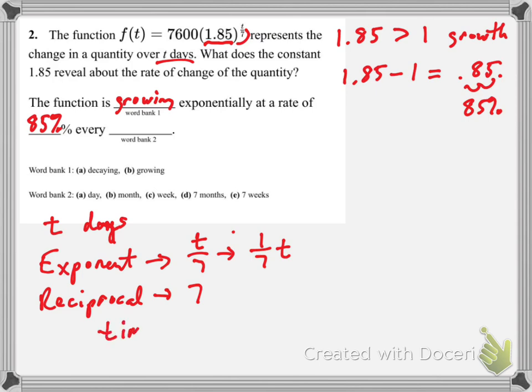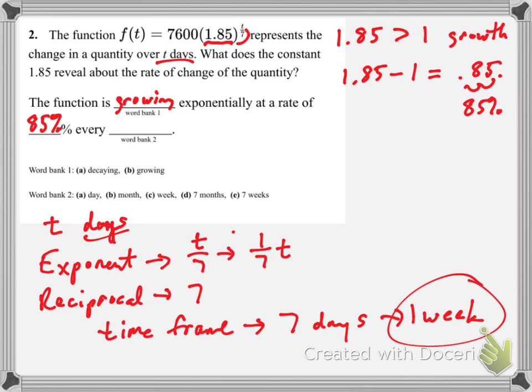So our time frame is not a fraction of anything. It's 7 days. What's 7 days? 7 days is 1 week. So our function is growing exponentially at a rate of 85% every week.